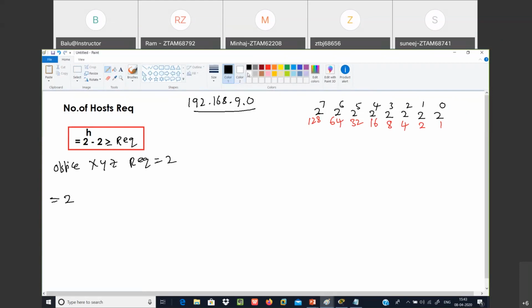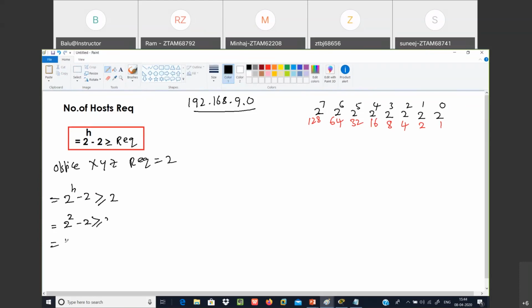2 power h minus 2 greater than or equal to the requirement, which is 2. What will be the h value, guys? The h value is 2.